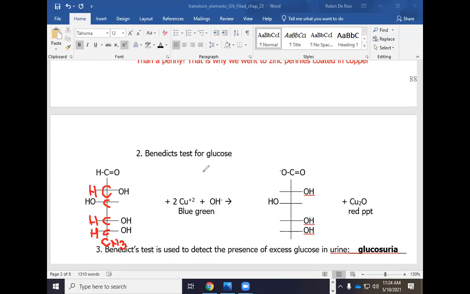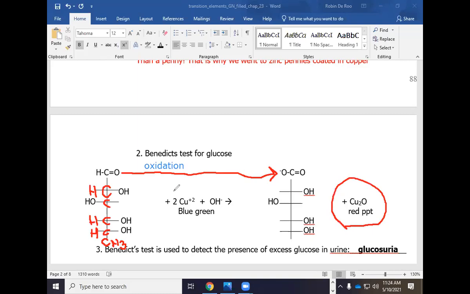Okay, so Benedict's test is basic with a copper plus 2, which is a real pretty blue-green. And then you can see what happens here. This is going to be the reaction right here, just on this first carbon. And then you can see this at the bottom of the test tube.